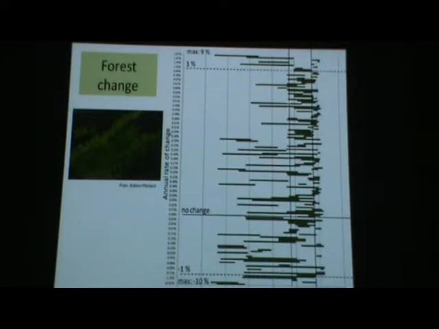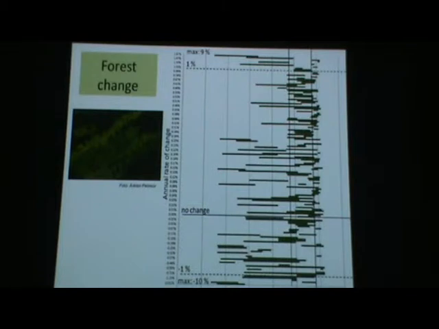And these lines mark the three periods of time that I've been talking about: the Austro-Hungarian time, the socialist era, and the more recent period with the transition and the EU accession. The y-axis is the annual rate of change, and this line marks the border between studies that report no forest cover change, that report loss in forest cover and gain in forest cover.